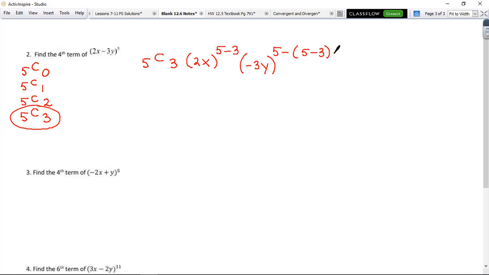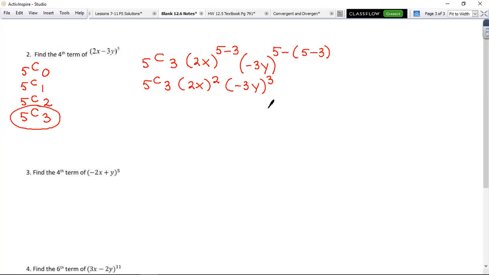Again, which is just saying 5 minus 2. So I continue, clean this up a little bit. So I have 5 choose 3. I have 2x raised to the second, and then negative 3y raised to, so 5 minus 2 would be power of 3. Okay, so those still add to the front just like you saw before.